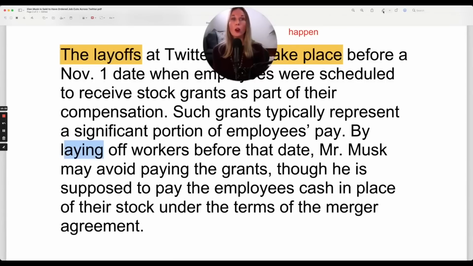This is our gerund verb, and we know that because it has the ing, and it's in the gerund because, do you know why? Because of this word right here, by. By is a preposition, so we have preposition plus gerund. That's our sentence structure. Preposition plus gerund. By laying off workers before that date.